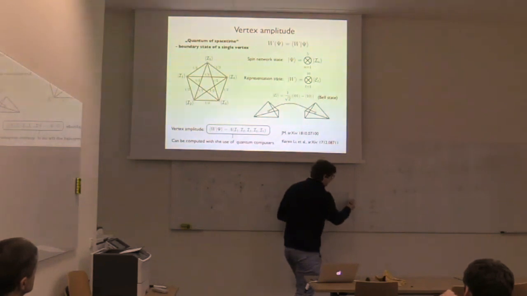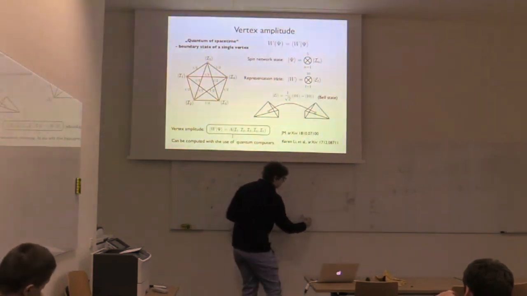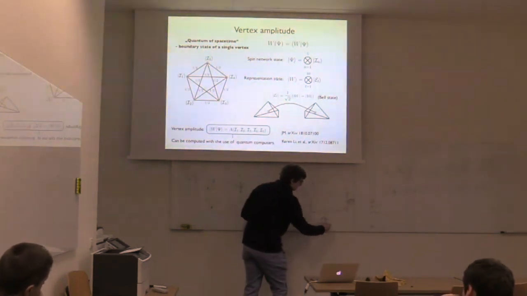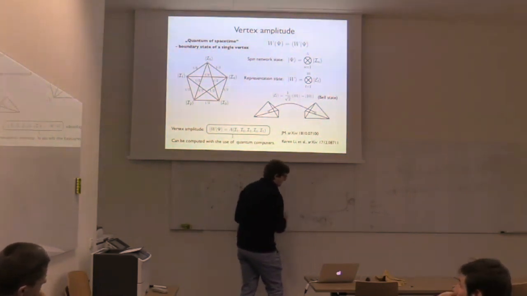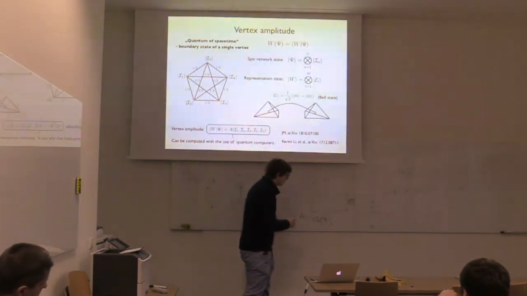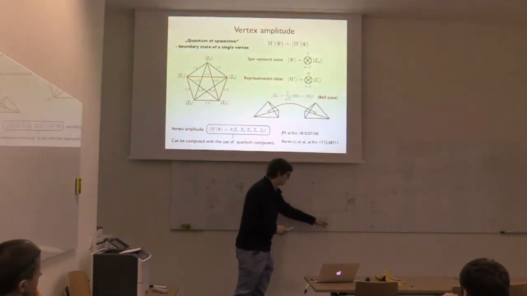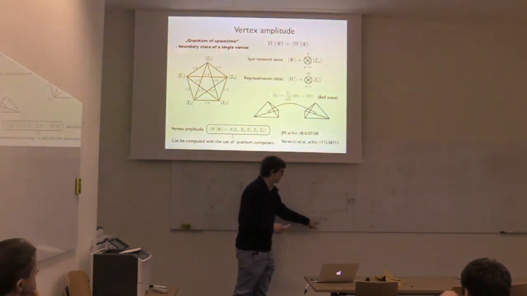Let's say this is the state of the boundary, and the evaluation of the amplitude is the evaluation of this state in some representation, which I call W. You perform this because you want to get a number, a complex amplitude, so you have to evaluate the state in some representation, like the position or momentum representation.